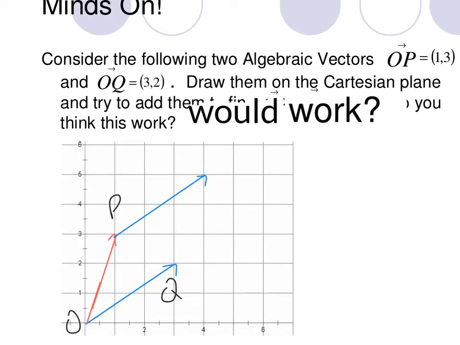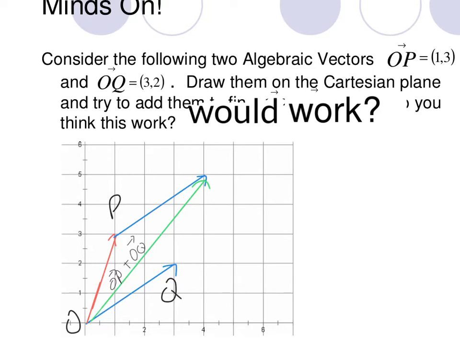And now we'll just draw the resultant when we add those 2 vectors together, which will look like that. And that is OP plus OQ.